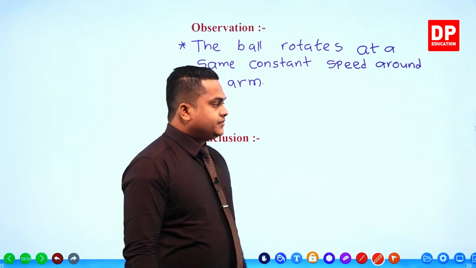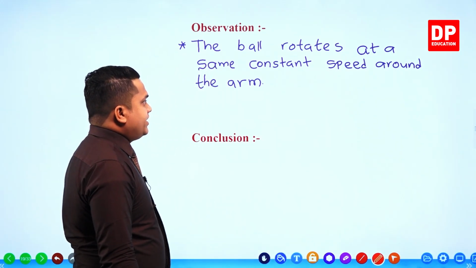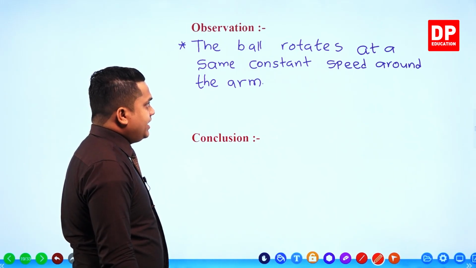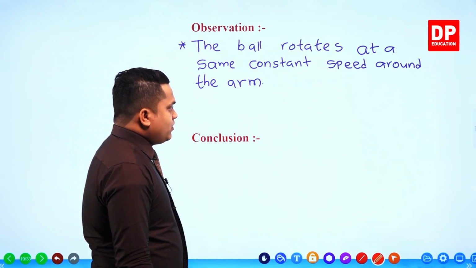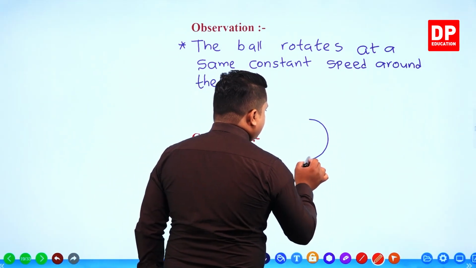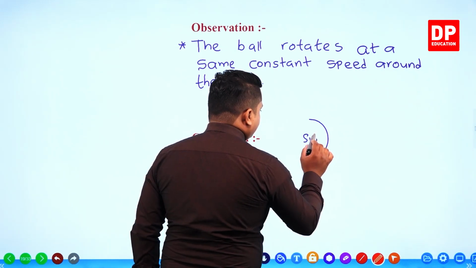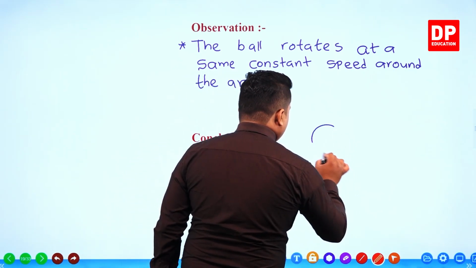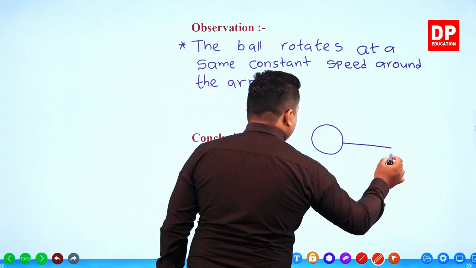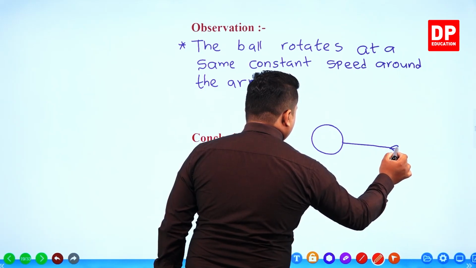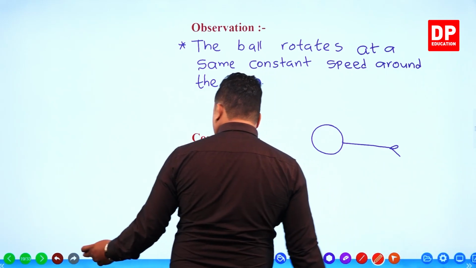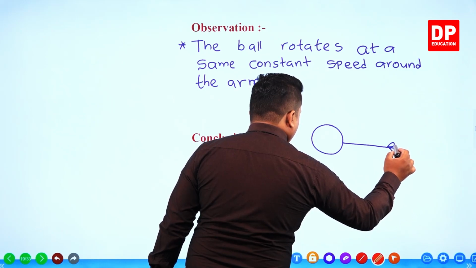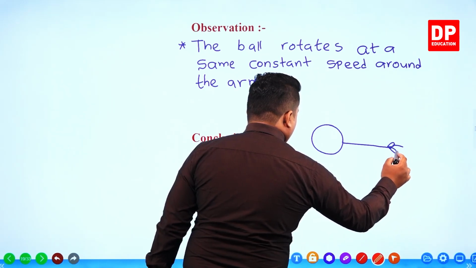Okay, right. Then the conclusion, my dear children: why is it rotating at a constant speed around the arm? It's because, you know, this is the sun. So we'll take our usual example, the rotation of the ball. This is the ball, this is the thread, and these are my two fingers which I am holding to rotate this.